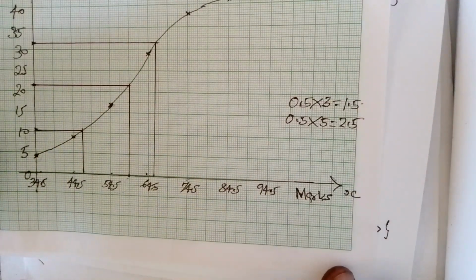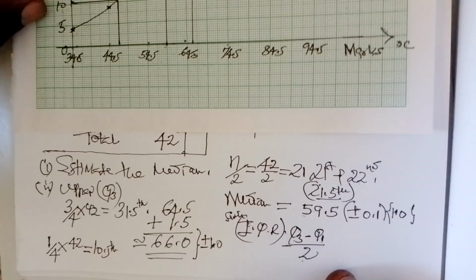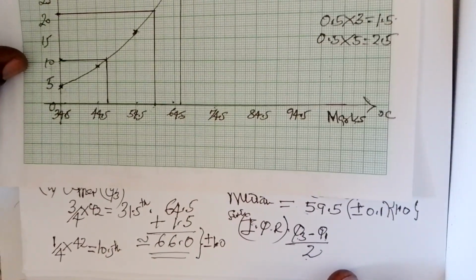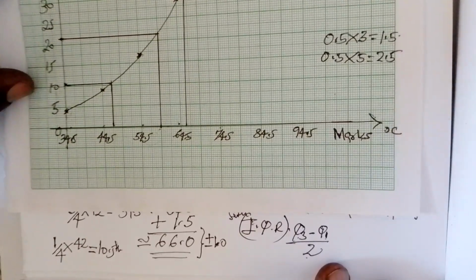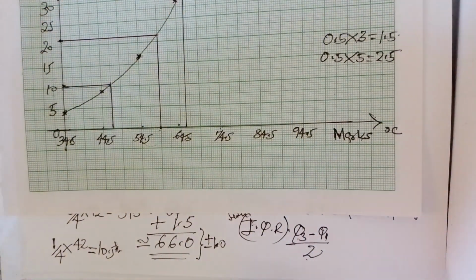So our lower quartile will be 44.5 plus 2.5, which gives us 47.